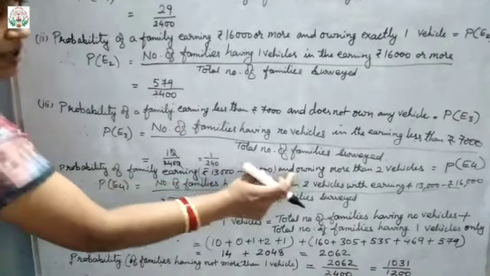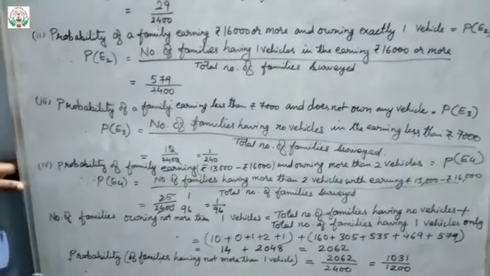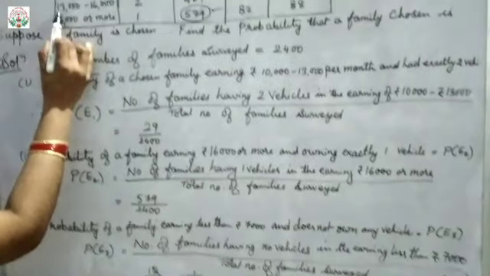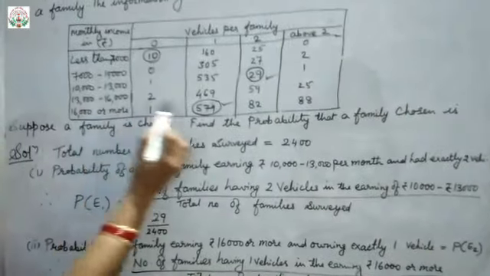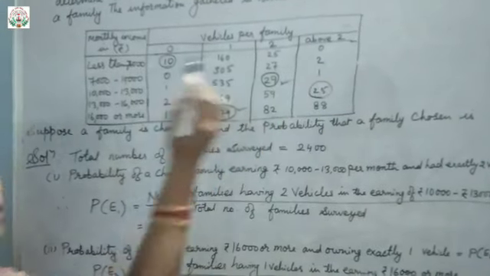Now the fourth part of this question is the probability of a family chosen whose earning lies between 13,000 to 16,000 and owning more than 2 vehicles. More than 2 means 3 vehicles. In this table you can see 13,000 to 16,000 and above 2 vehicles: how many families are there? 25.